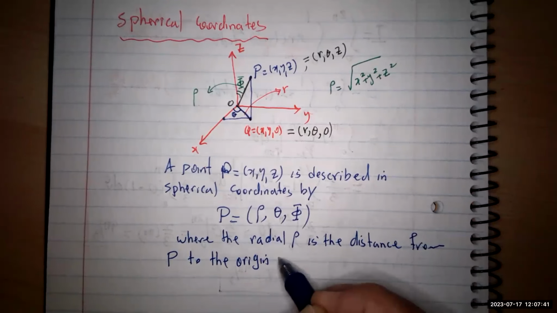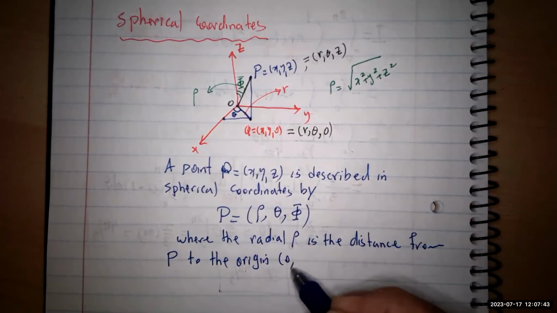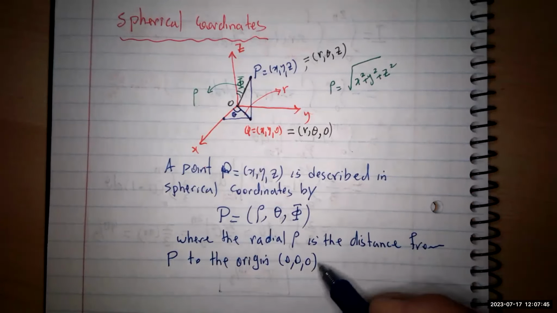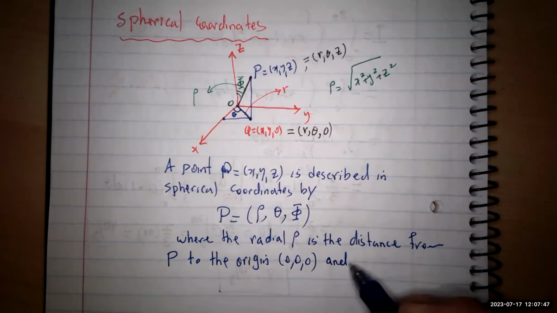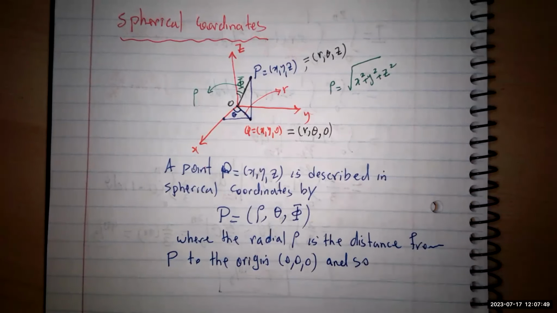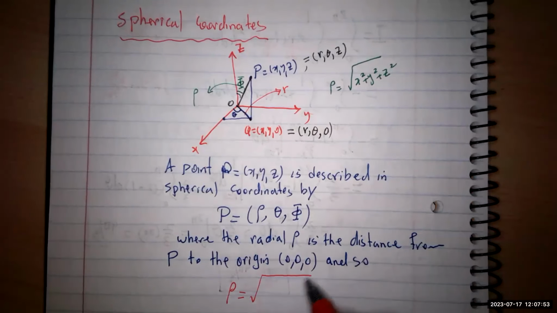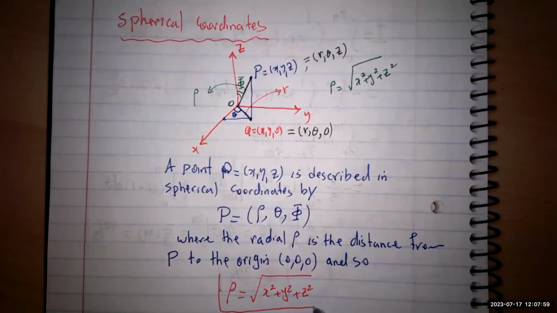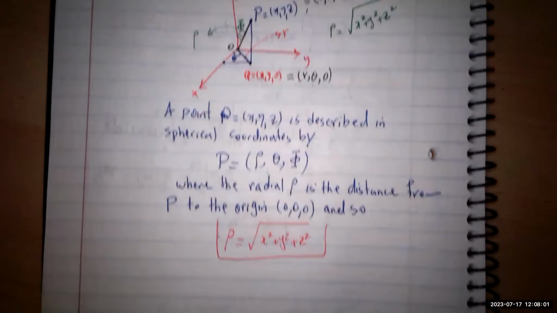You know that the origin is going to be 0, 0, 0, and the distance between two points is given by this formula. So the new formula is rho equals the square root of x squared plus y squared plus z squared. That is going to be rho, the extension of the R, if you like.